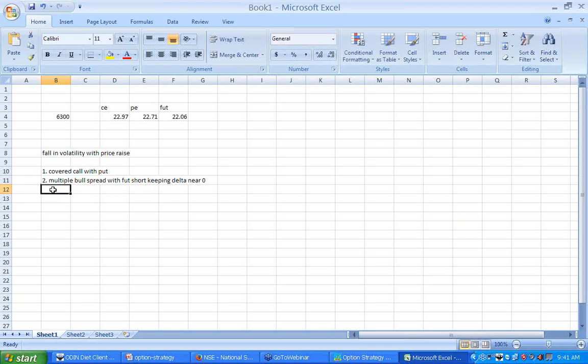We can also form, as volatility is going to fall, a theta 0 strategy, or also we can form a negative Vega strategy. Anyone of these you can form.